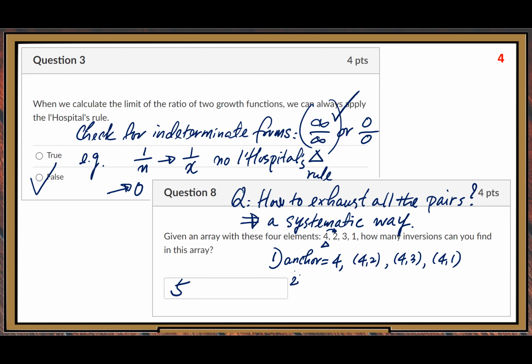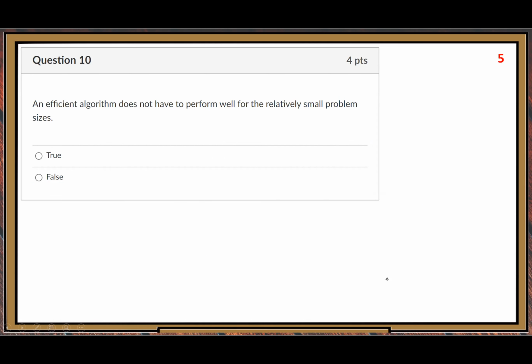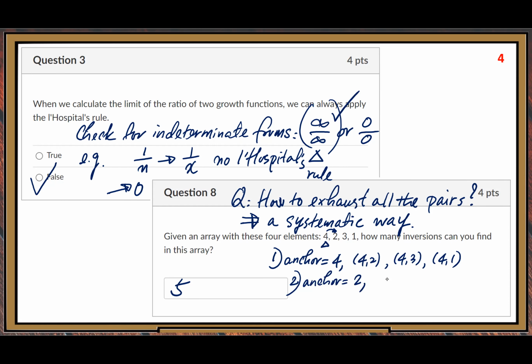All right. The second round, this time I make the anchor element equal the second element, 2. Then I run all the possible pairs, but do not look back.